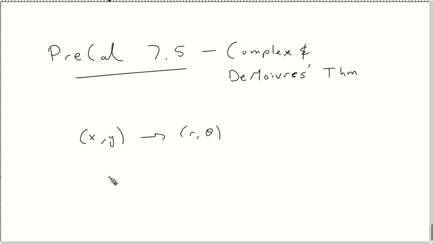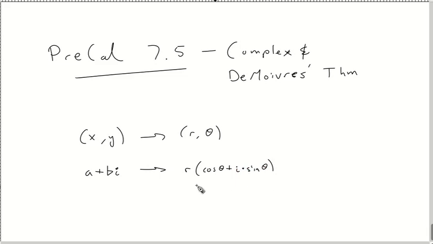What we're going to do this time is a plus bi, which will also go to r times cosine of theta plus i times sine of theta.